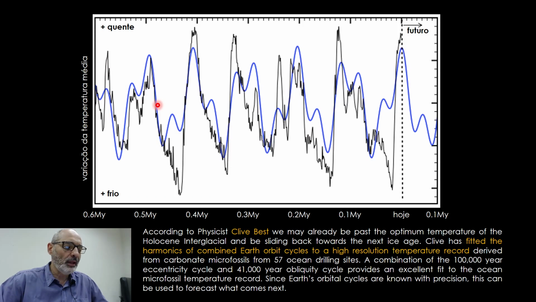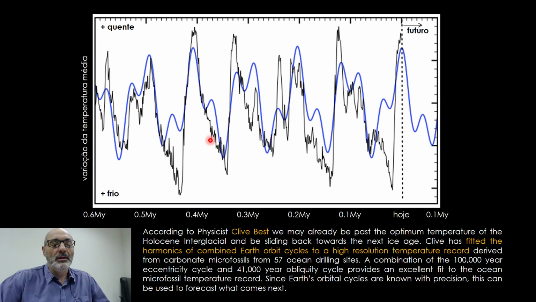The black line here is the actual average temperature on Earth. So you see that the correlation is very strong between the actual temperature and the amount of solar energy that we get here on Earth.